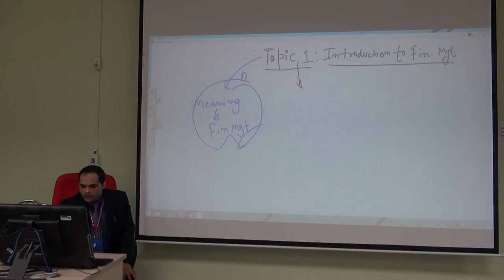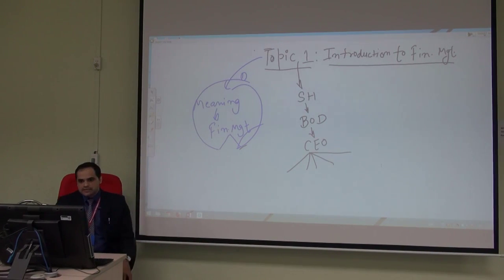So we have, of course, shareholders, board of directors, then we have a CEO, right? And we have various kinds of people or heads of the departments, they come under the CEO. So here I'm going to talk about only the CFO, which stands for Chief Financial Officer.